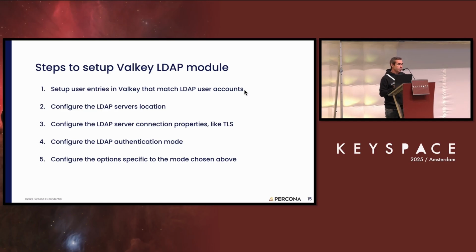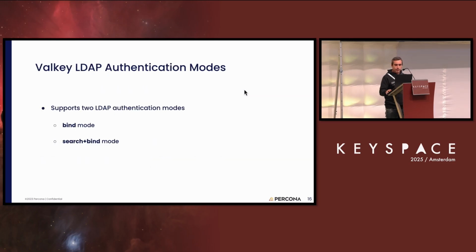We also need to configure what kind of connections we want, if we want TLS, configure the certificates to make sure that TLS works. We need to specify the kind of authentication mode. We will see later on the two modes that exist for authenticating against LDAP servers, and we need to configure the specific options for each mode.